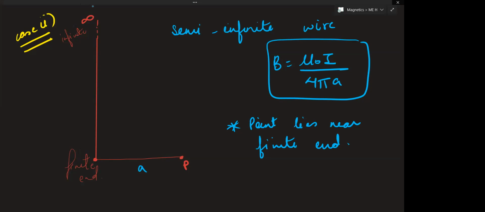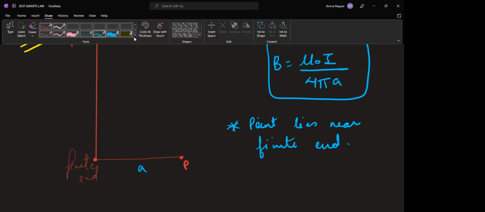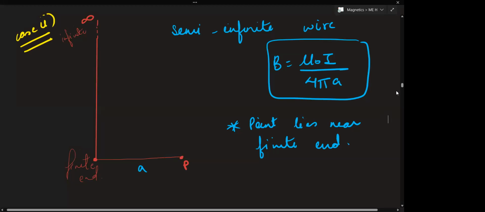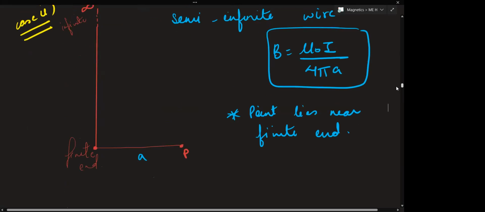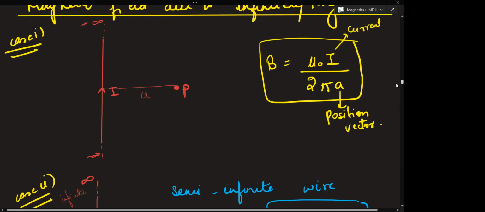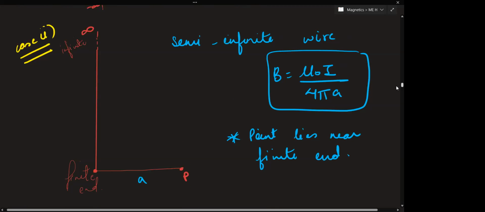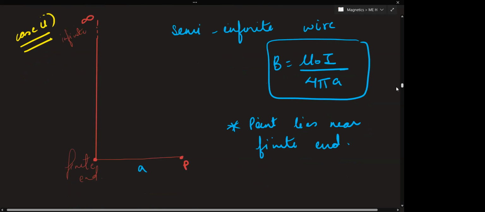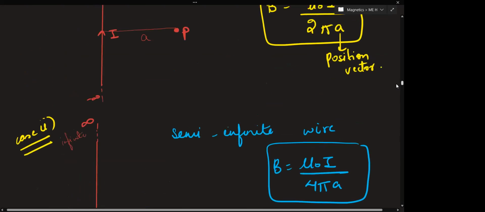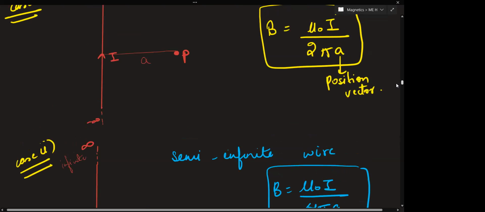Now, before you note down all these things, one thing that I want you to tell me. Looking at both of these formulas, can you tell me what should be the nature of the graph if I plot between B and A? Look at both these formulas. What kind of graph?